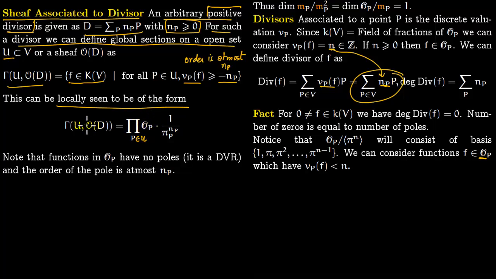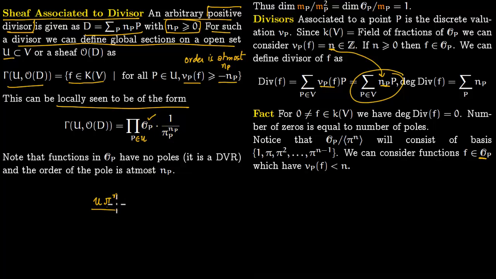Rather than looking at the functions in this ring, you look at our discrete valuation ring, and you immediately know how it would look. It would just have functions of this form. Obviously we have different points, and at every point you will have a distinct discrete valuation ring and maybe distinct uniformizing parameters. So we expect them to be different.